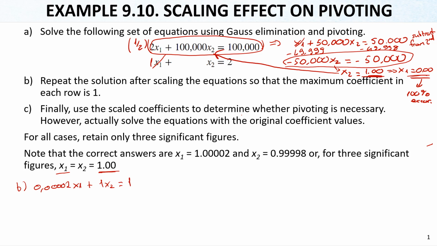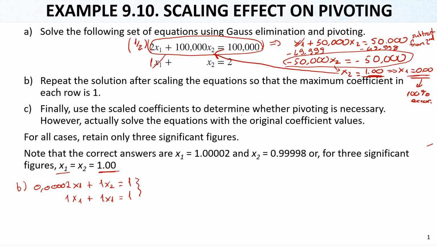In the second equation, the largest coefficients are already 1, so we keep that: x1 plus x2 equals 1. So the rows now should be pivoted. If we apply pivoting here, we need to move.